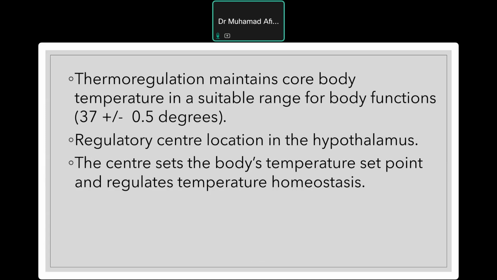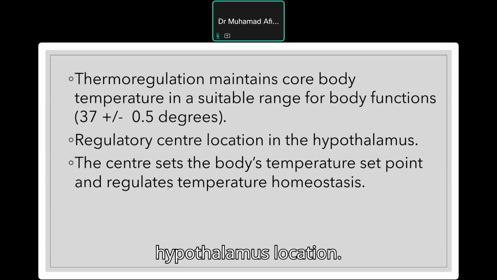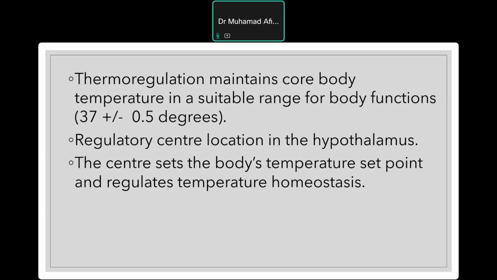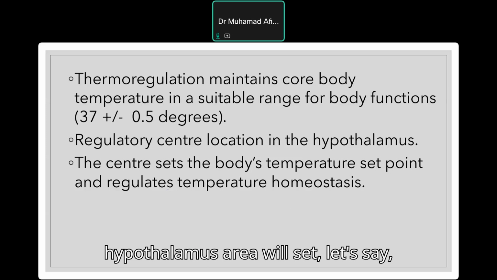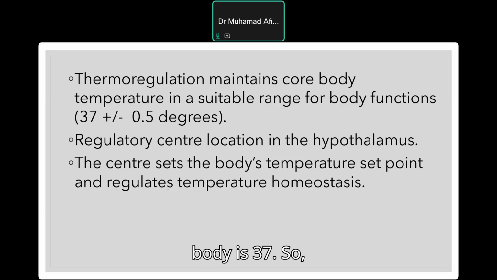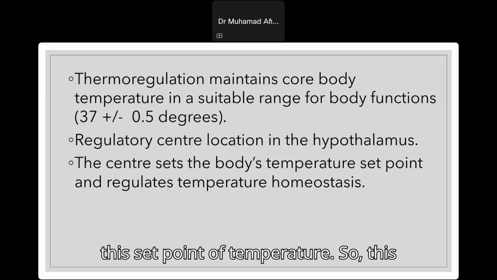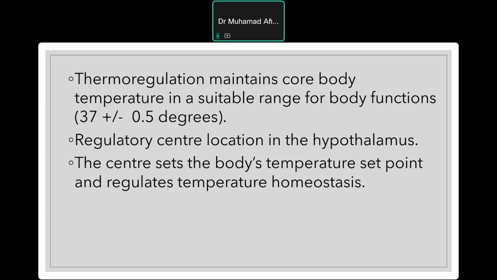The center for this regulation is in the hypothalamus, and the function of this center is to set the body's temperature set point. That means the hypothalamus will set the ideal body temperature for our body at 37. Our body then will respond to achieve this set point of temperature. So this is temperature homeostasis.